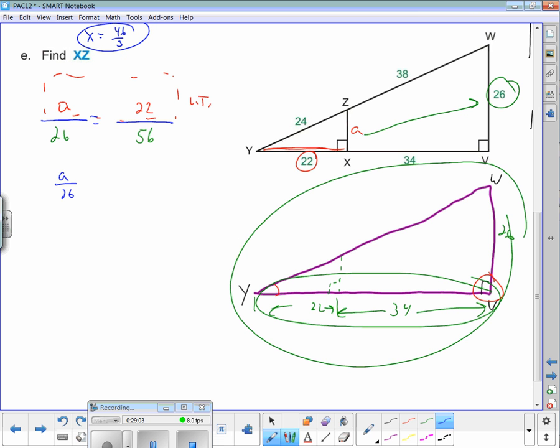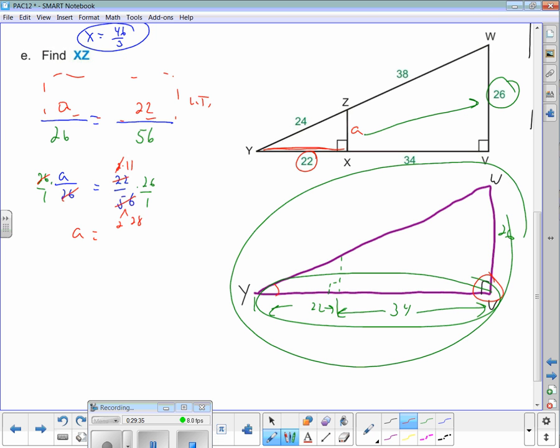Again, I'm going to just clean up because it's easier to show you how to finish. All right, A is multiplied times a fraction, so you move it by multiplying by the reciprocal. Multiply both sides by 26 over 1. All right, we got our A isolated. And a little bit of reducing. Let's see. 56 is 2 times 28. 22 is 2 times 11.